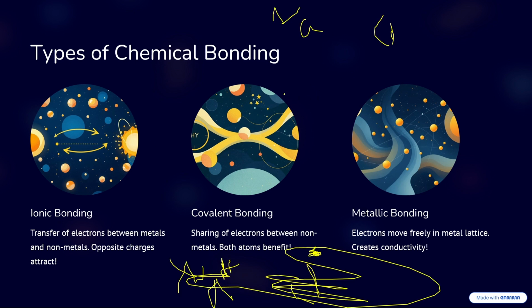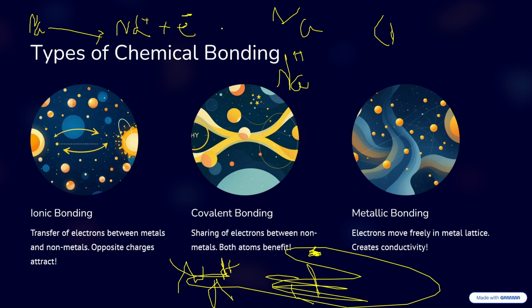First you need to write the atoms, like Na and Cl. So what does Na do to become stable? It loses electrons, so it becomes Na1 plus. If you want to write it, Na loses an electron: Na1 plus and e minus.